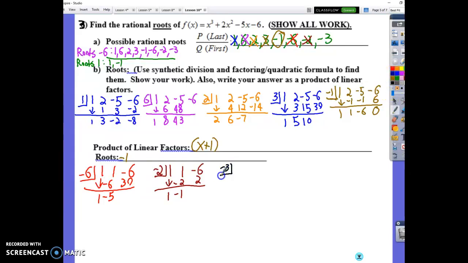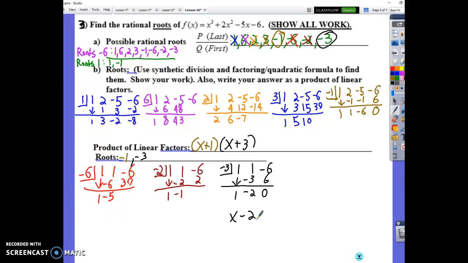So negative 3, we're left with 1, 1, negative 6. Bring that down, that's 1. Multiply is negative 3, that's negative 2, that's 6. And that's 0. So negative 3 worked. So let's put that in one of our answers. Negative 3. We've got an x plus 3 and we're left with an x minus 2.